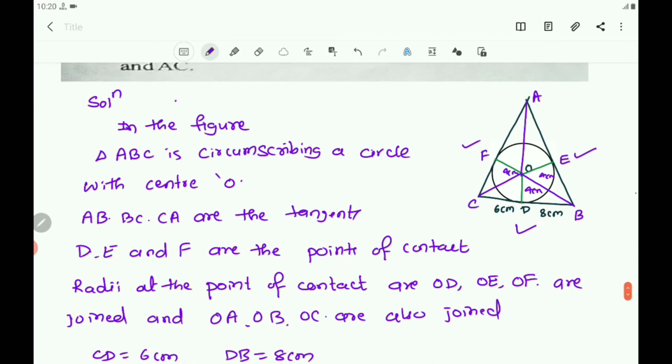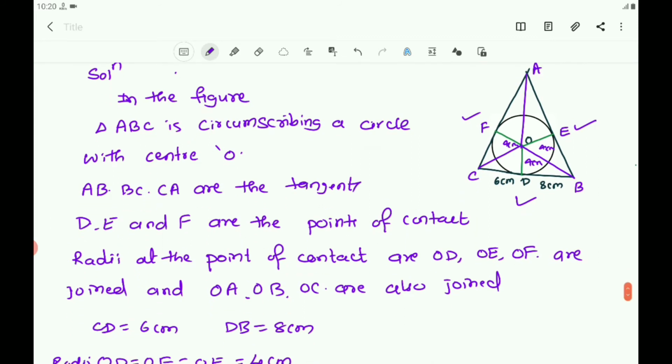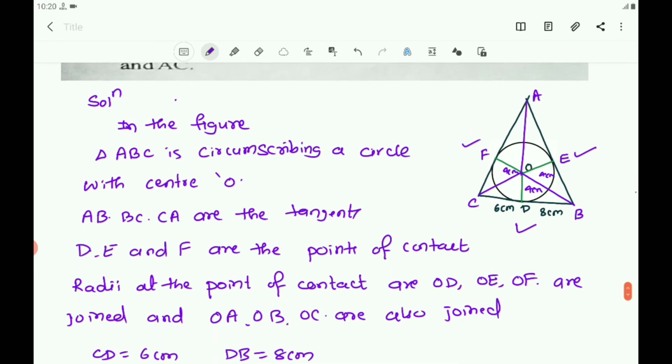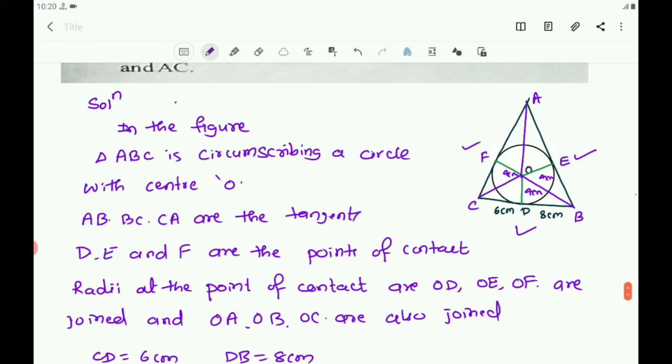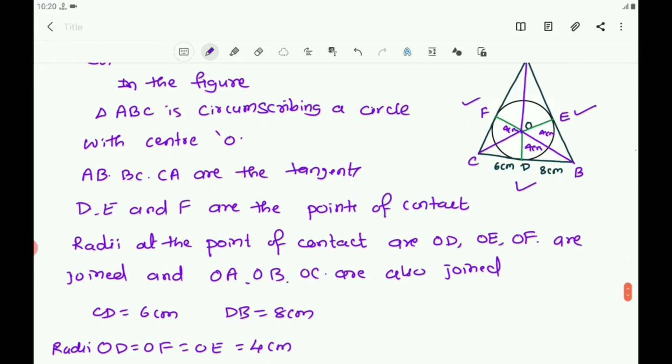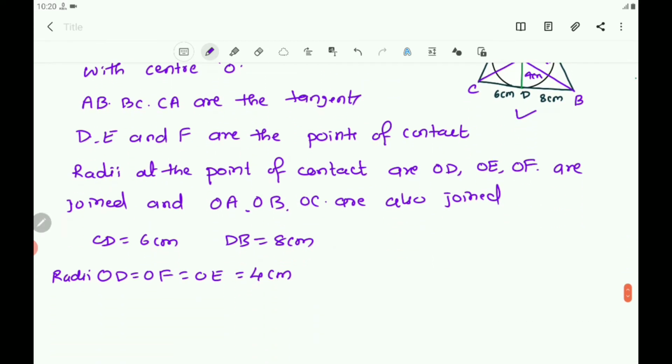Now here let us have A, C and B as the external points to the circle, and the tangents are drawn from the external points to the circle. So you take points A, B, C as external points.